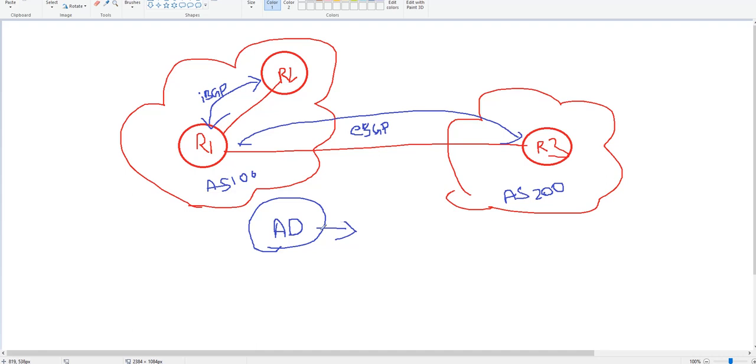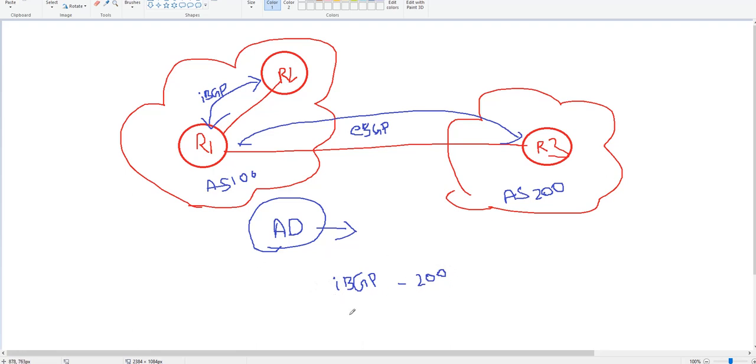So for IBGP, the AD value is 200. This is not an example, this is the default value for Cisco products for IBGP.